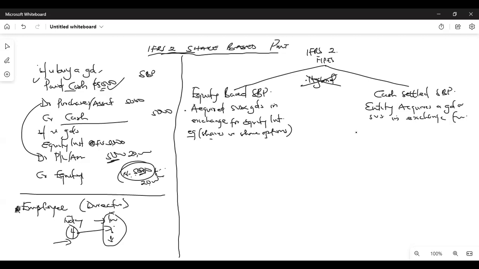That is what we call it, an amount. In exchange for an amount of cash. But how much is the cash? The cash is measured by reference to the entity share price.